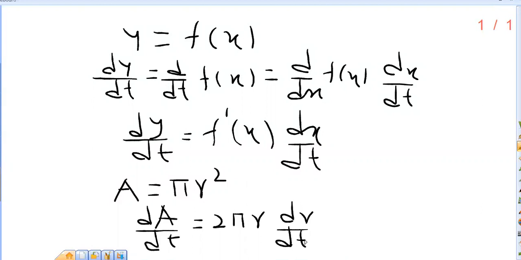Suppose y equal to f(x) is a differentiable function where x and y are differentiable functions of t. Full stop. Next line.